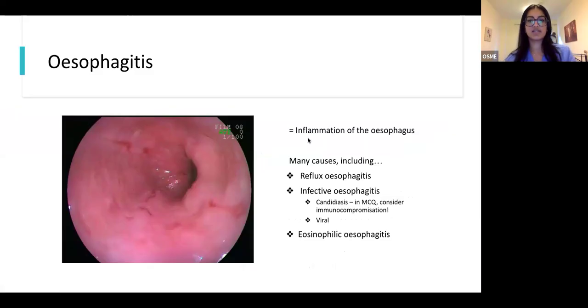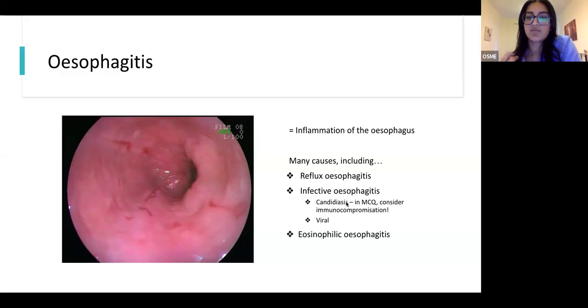So esophagitis is where the esophagus becomes inflamed. As with anything, itis means inflammation, and it has a broad range of causes. It can be caused by reflux, but it can also be infective. In terms of things that might point you down an infective route, a big one would be Candida.